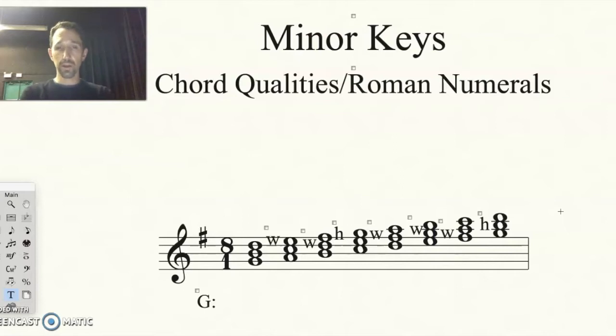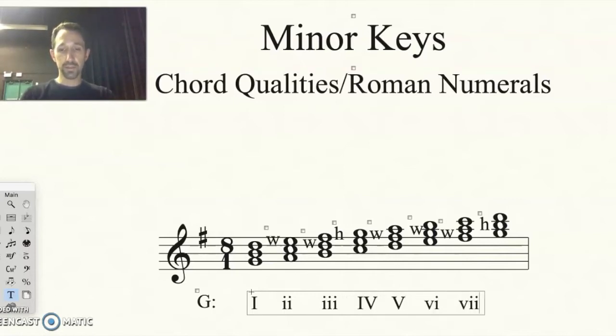And as we've talked about, the fact that that is consistent in every major scale is also why all the chords are consistent. That's why the 1 chord is always major, the 2 chord always minor, the 3 chord always minor, 4, etc. So let's go ahead and plug that in as well. Major 1, minor 2, minor 3, major 4, major 5, minor 6, and diminished 7.